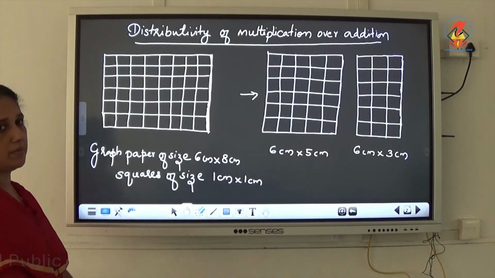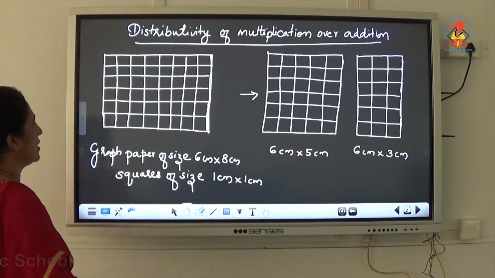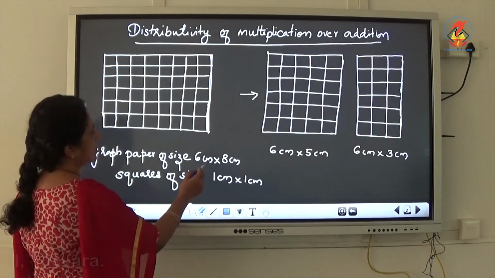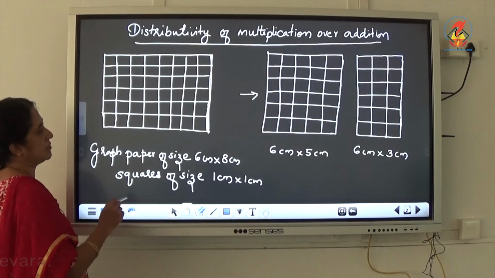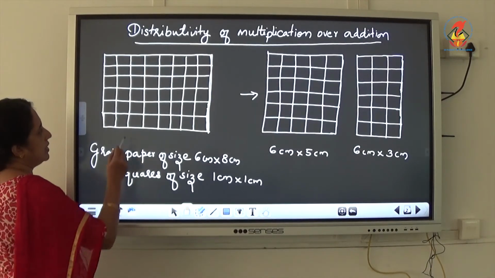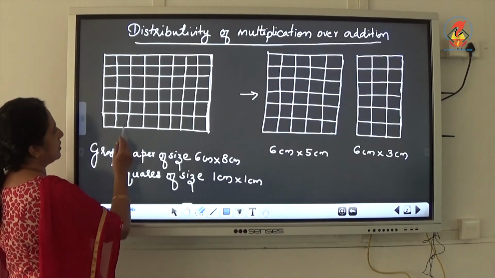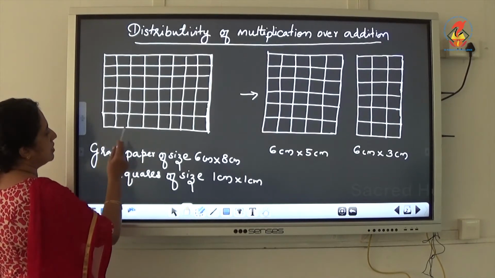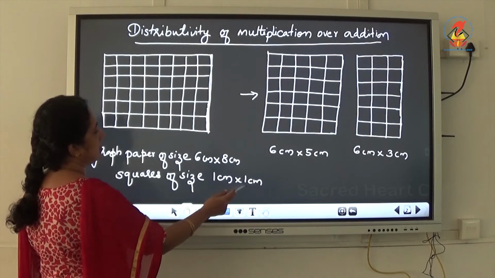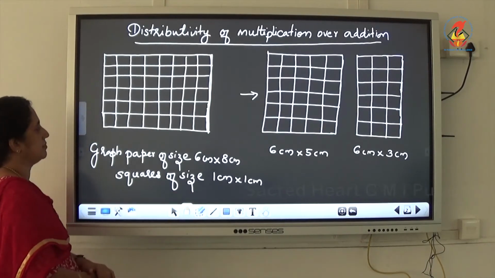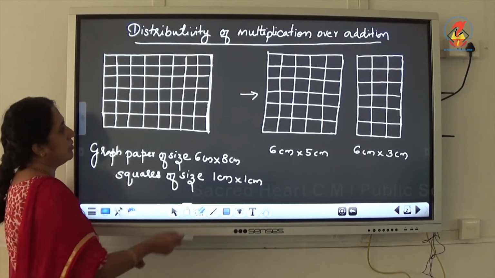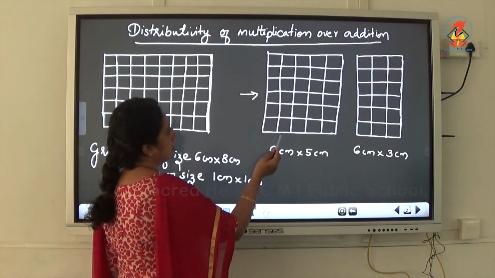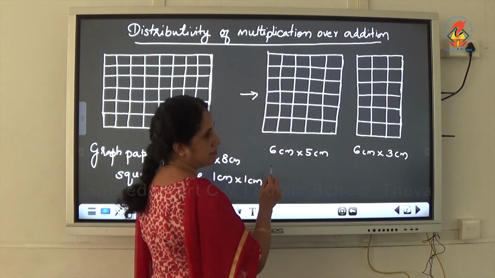Now look at the board. Here you can see a graph paper of size 6 centimeter by 8 centimeter. This graph paper is divided into unit squares, that means squares of size 1 centimeter by 1 centimeter. Now this graph sheet is cut into two pieces.